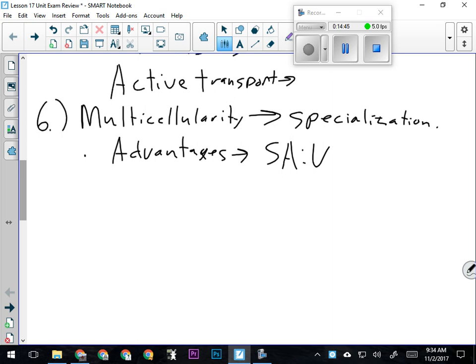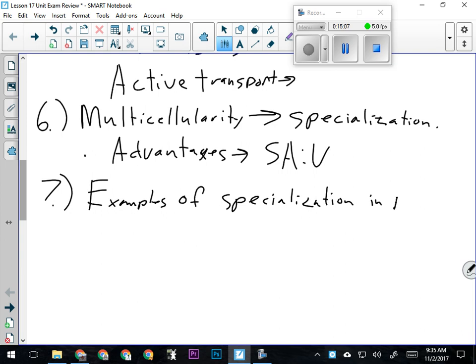Okay, and then from multicellularity, we went on to start talking about examples of specialization within the plant. Where's your best example of that? The leaf, exactly. The leaf layers specifically.